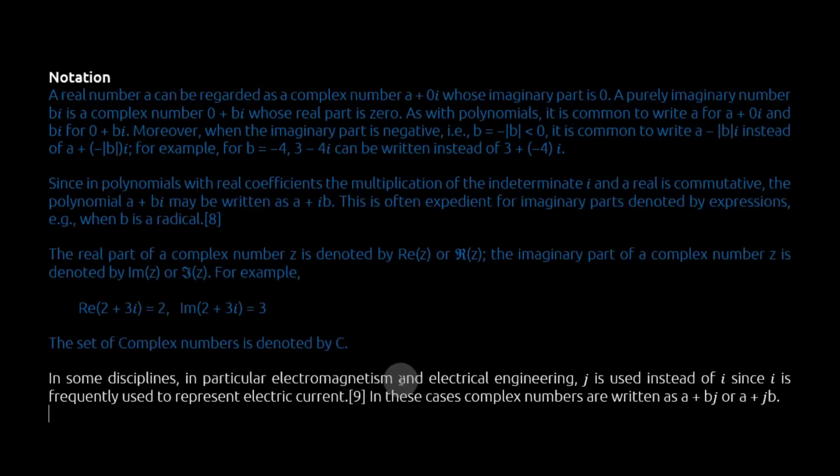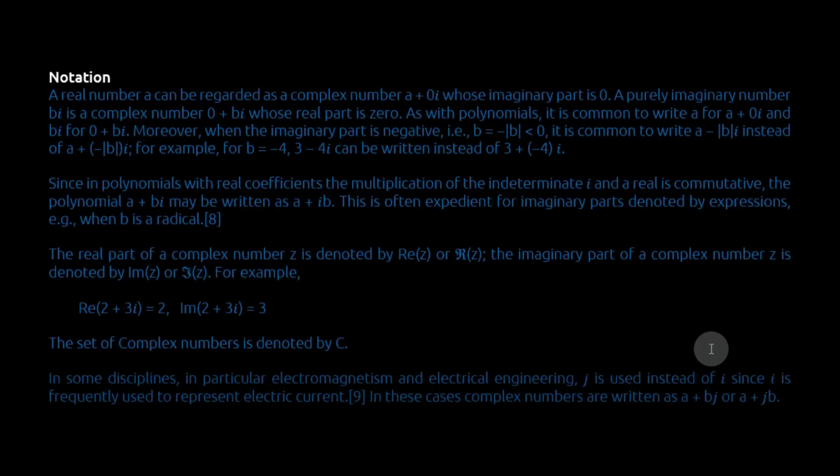In these cases, complex numbers are written in the form a plus bj instead of a plus bi. So they're still just introducing the numbers to us. At times it can be written as j. That's what they are saying. It's not i all the time.